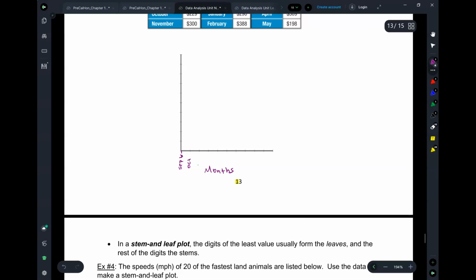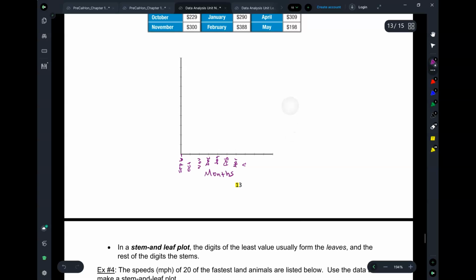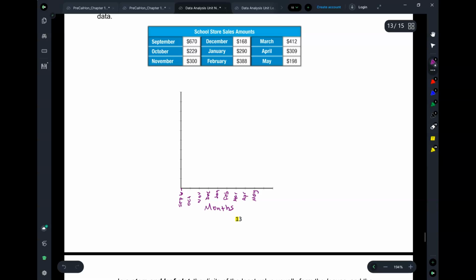September, October, November, December, January, February, March, April, and May. Okay, and on the vertical axis, we have the sales, right? So let's see what the ranges of the data are.